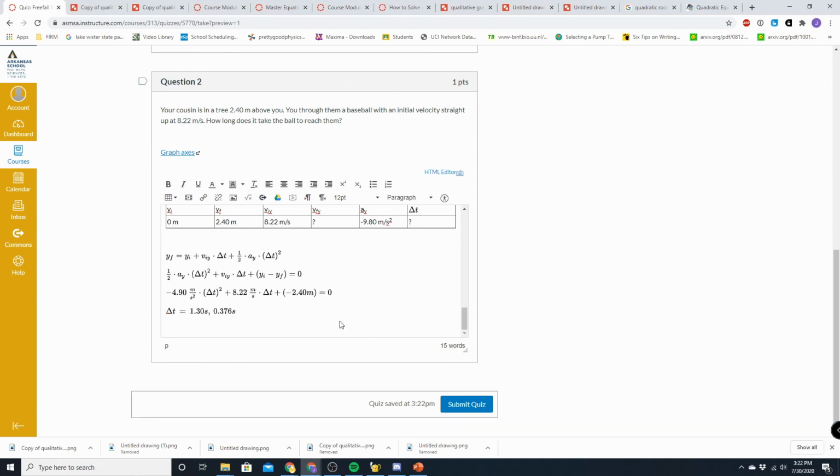In some circumstances, you might get two solutions to an equation, but one of them is not physically meaningful. So for example, when you solve a quadratic, sometimes you'll get a negative term and a positive term. That doesn't mean that the negative term is instantly incorrect, but in many cases, the negative delta t means that it would have occurred before the problem started.